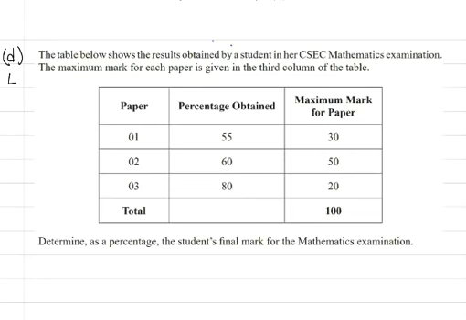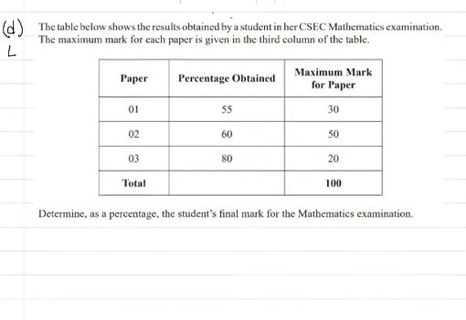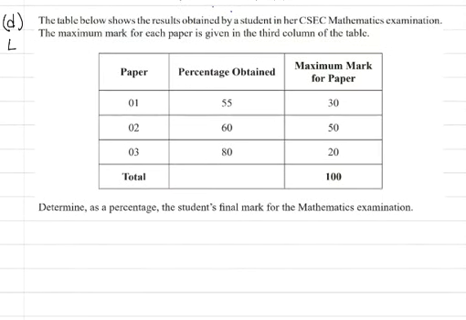All right. So essentially, this table is simply showing us what percentage of the maximum mark the student obtained for each paper. So for paper 1, out of a total of 30 marks, this person only got 55% of the mark.